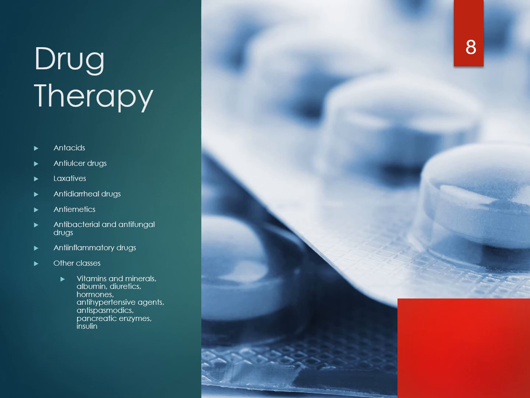This will include antacids, anti-ulcer drugs, laxatives, antidiarrheal drugs, antiemetics, antibacterial and antifungal drugs, anti-inflammatory drugs, and other classes such as vitamins, minerals, albumin, diuretics, hormones, antihypertensive agents, antispasmodics, pancreatic enzymes, and insulin. And again, there is more detailed information on these drugs in your textbook on pages 794 to 798.